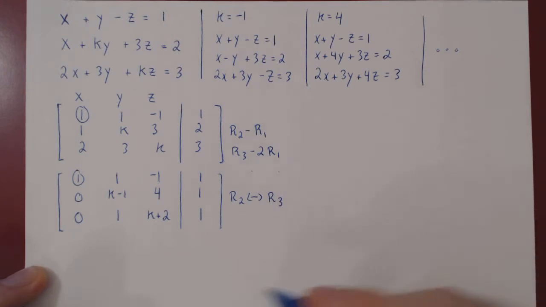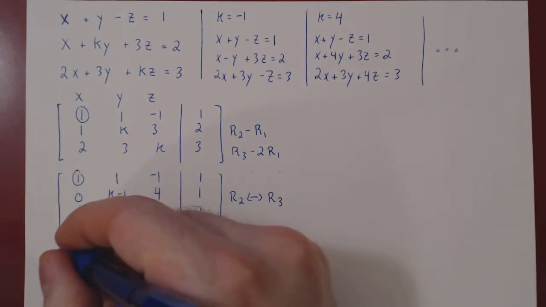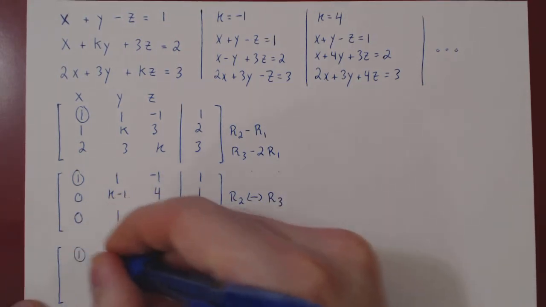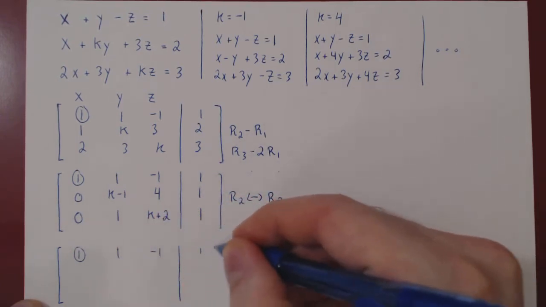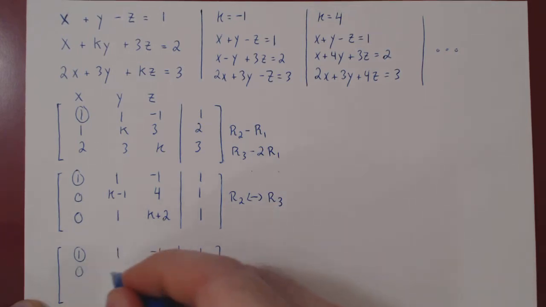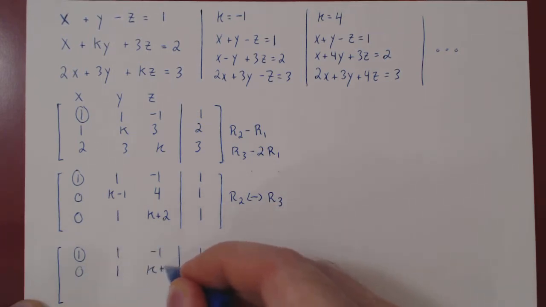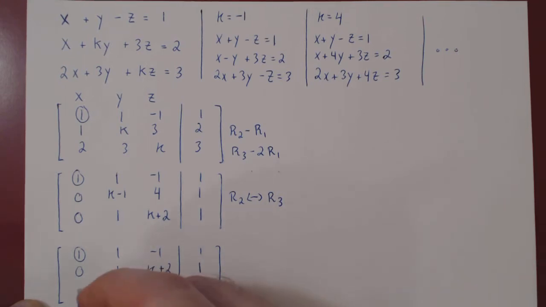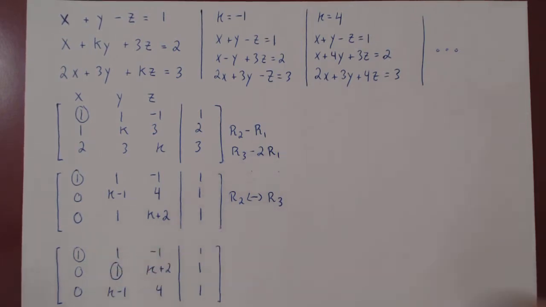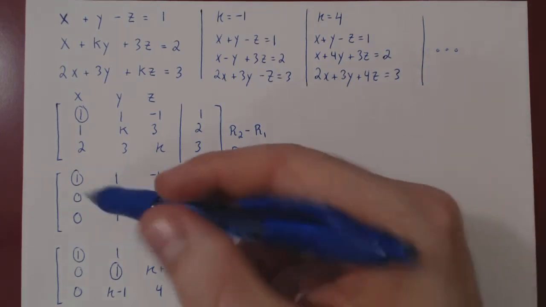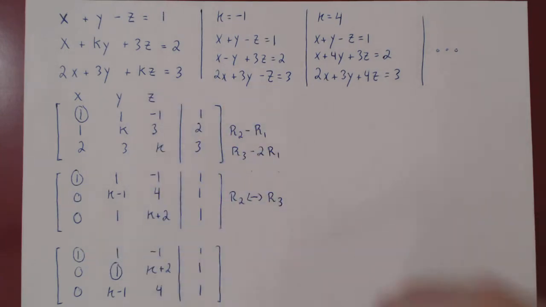So here we go with the better option of swapping row 2 with row 3. So we have our second leading 1. So far, we know that for any value of k, x is always leading, y will always be leading.